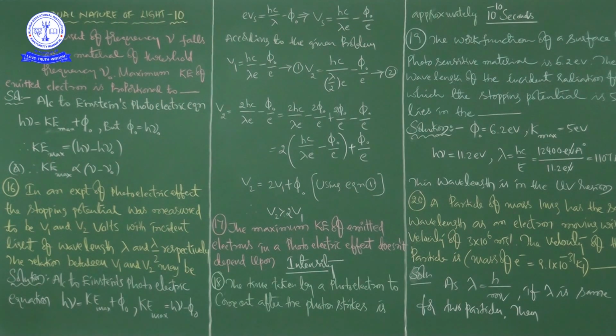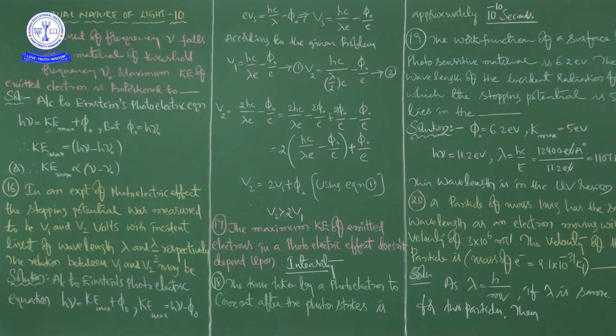When the photon strikes the metallic surface, after that it takes 10 to the power of minus 10 seconds to come out from the metallic surface. So you can say that emission of photoelectron starts from the surface after incidence of photons in about 10 to the power of minus 10 seconds.